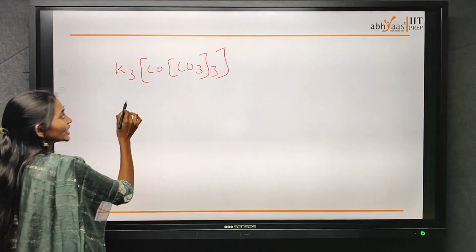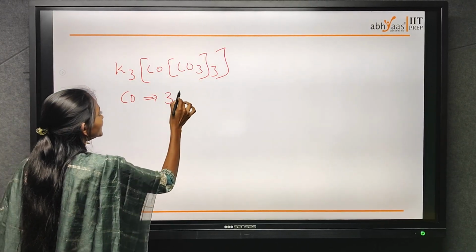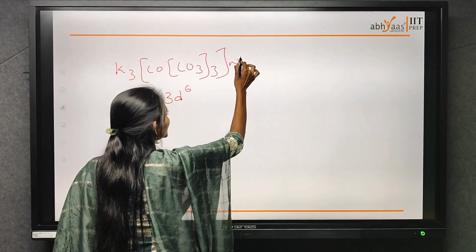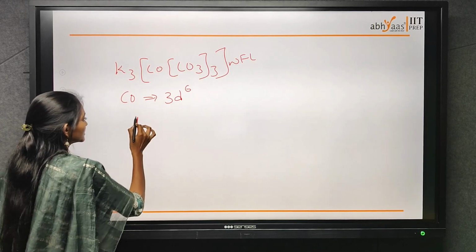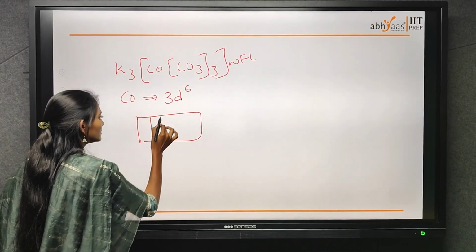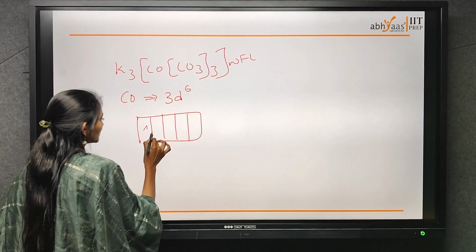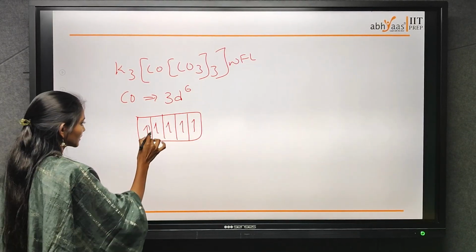So here, cobalt means that it is 3d6, right? So it is a bidentate ligand, which means it is a weak field ligand. So how will the splitting be? See here, d 1 2 3 4 5, and the 6th electron gets paired into this.